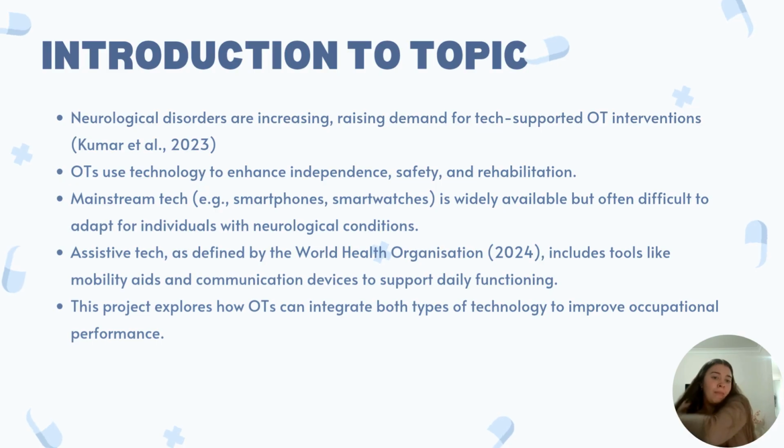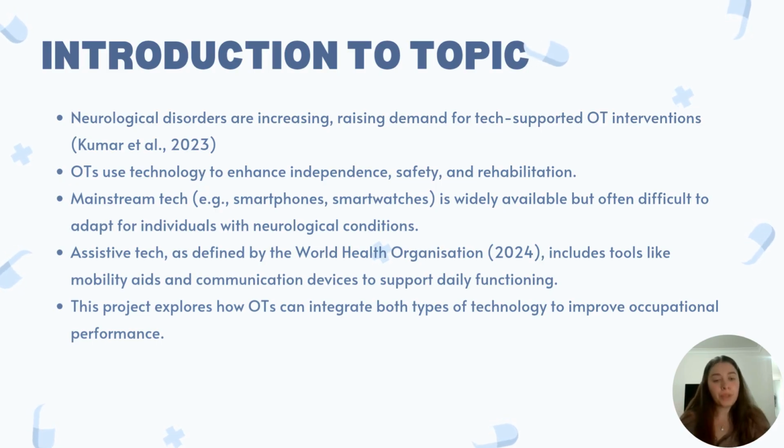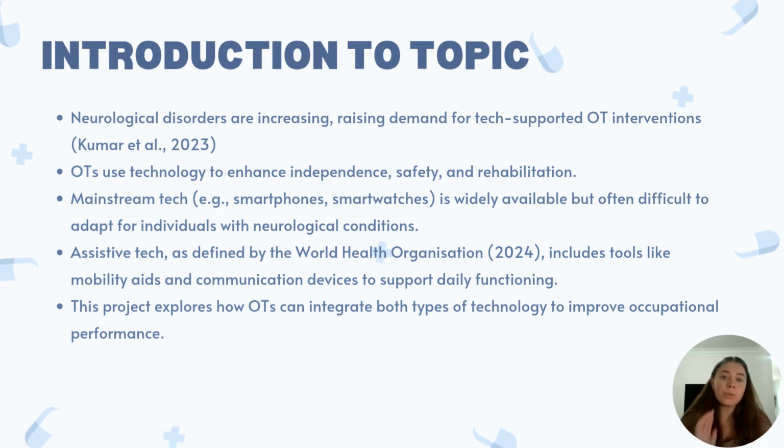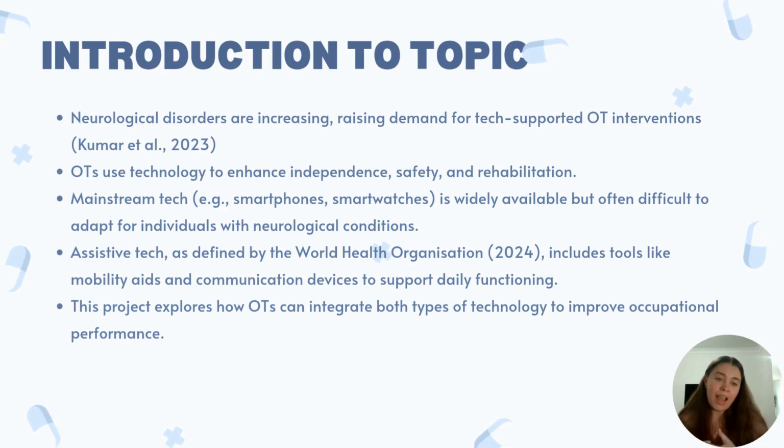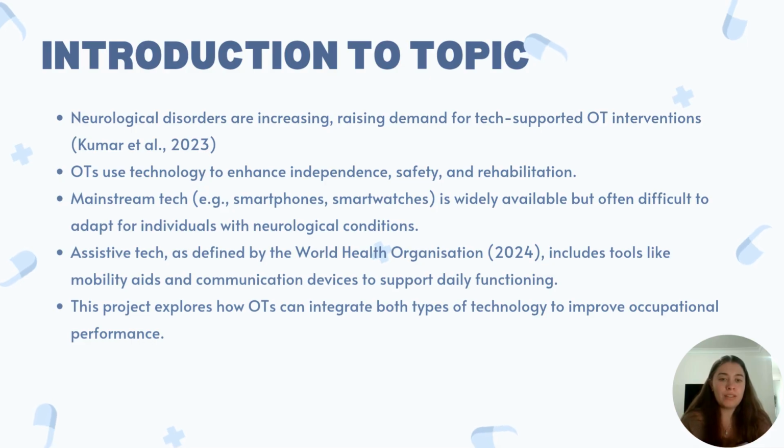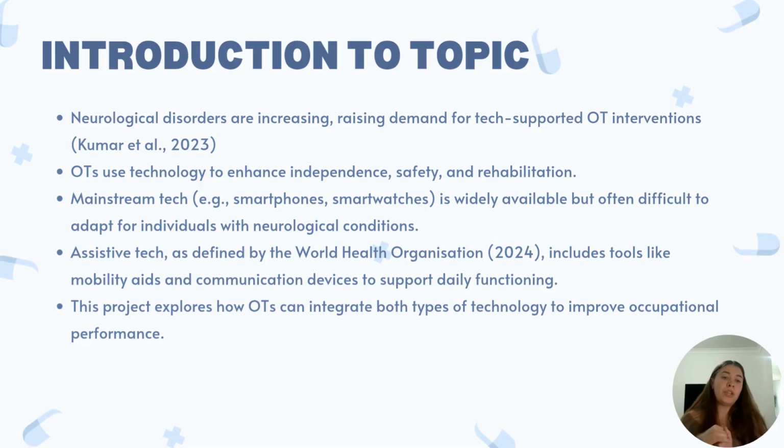And when we're talking about assistive technology, we're referring to tools like mobility aids, communication devices, and things like that that support daily functioning. That's the same thing as what the World Health Organization refers to as assistive technology. And this project also explores how OTs integrate both types of technology to improve occupational performance.